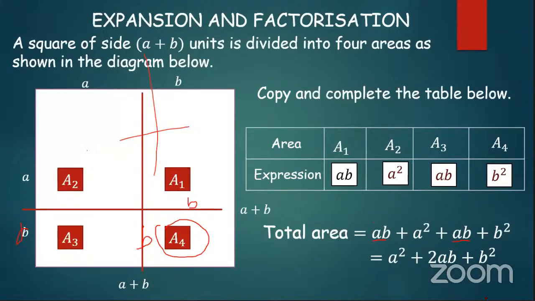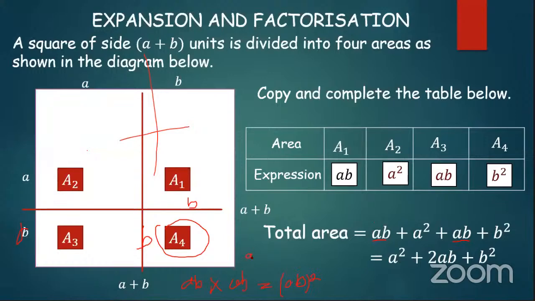No, we get AB squared when we multiply AB times AB. But here we are adding them. AB plus AB gives us 2AB. So it is addition. If we had AB times AB, this is when we would have AB squared.